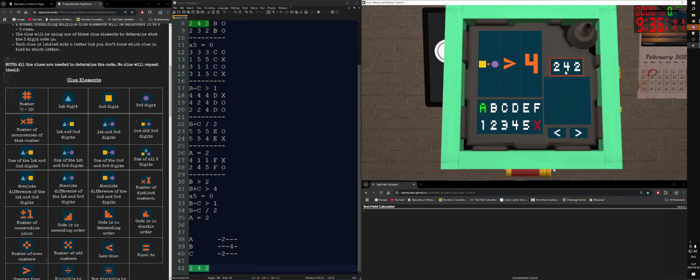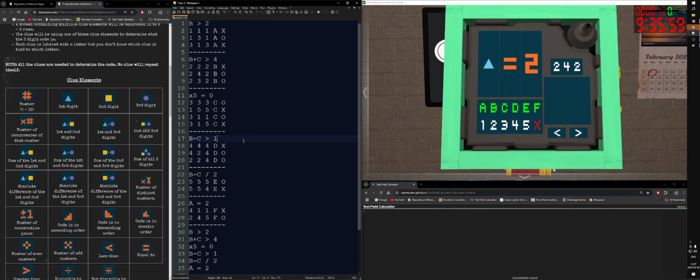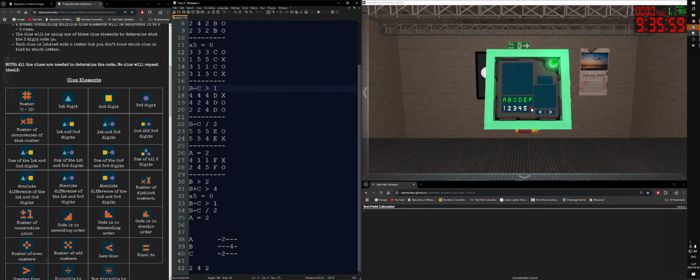Now it goes through all the rules, checking whether or not it's true. This module can also generate anywhere from 4 to 6 clues, so you're not going to be noting down this much every time. But yeah, that's Turing Machine Nightmare.